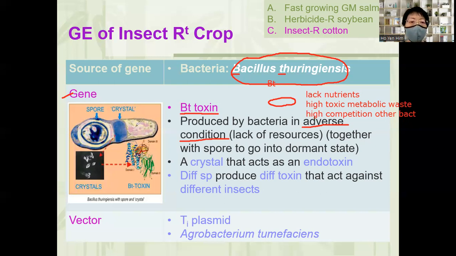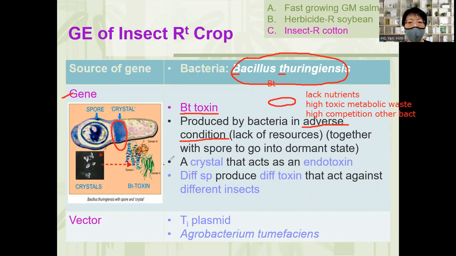The toxin is very interesting. It's in the form of crystal. So this Bt toxin is in a form of crystal. You can see here, it's a crystal, it's solid. So this is the structure of the Bt toxin.